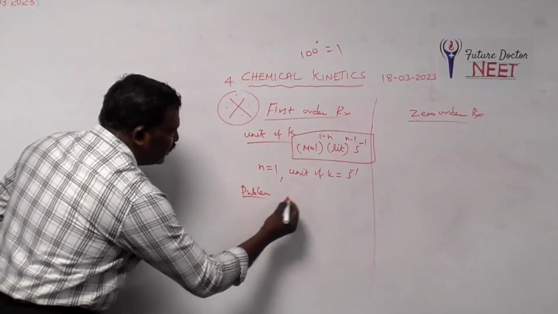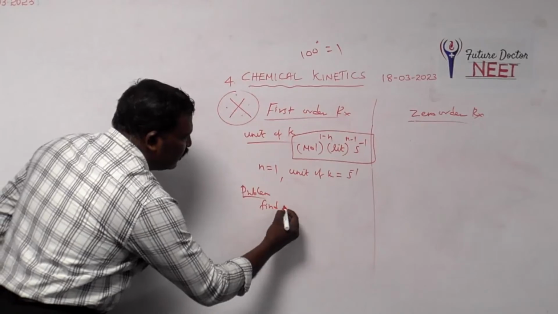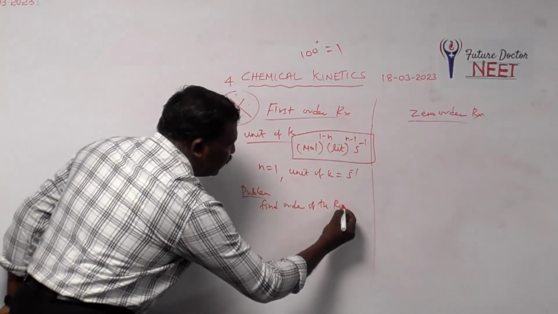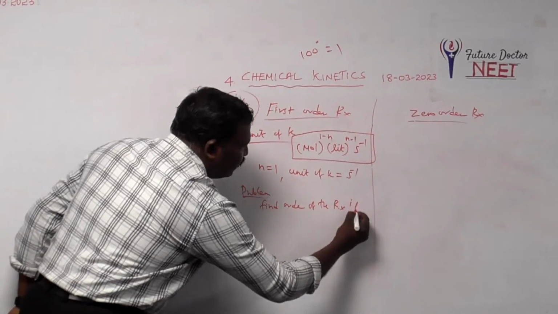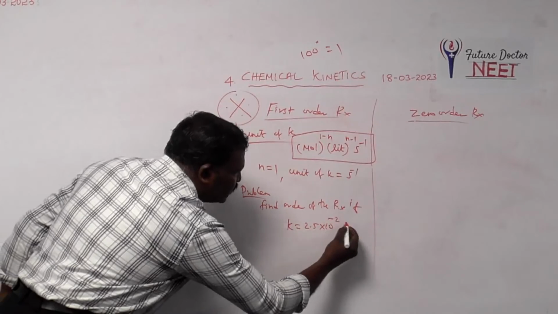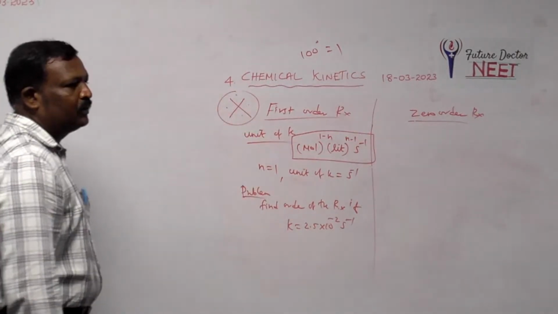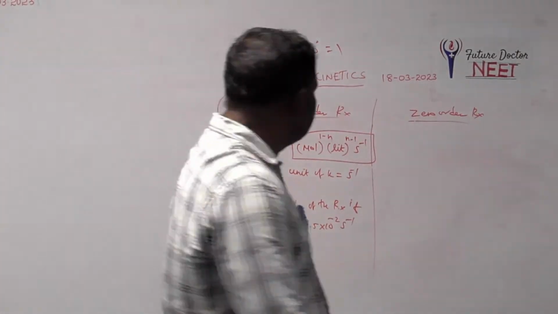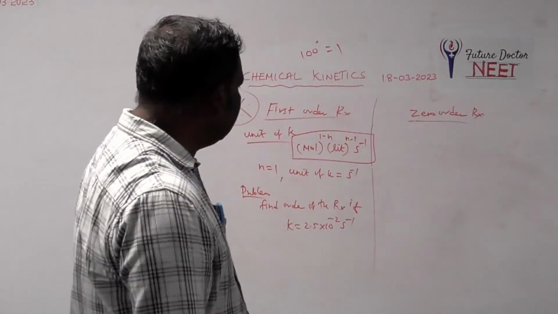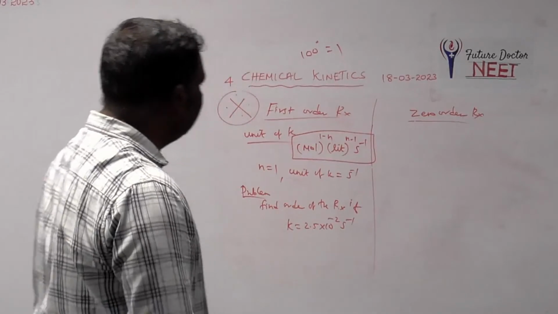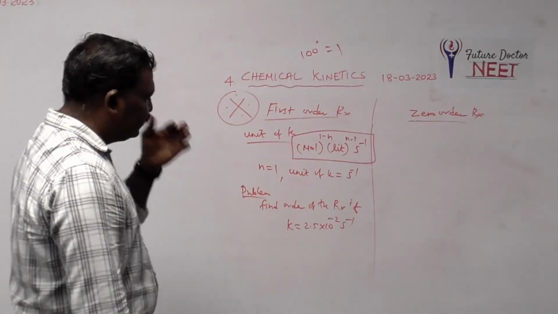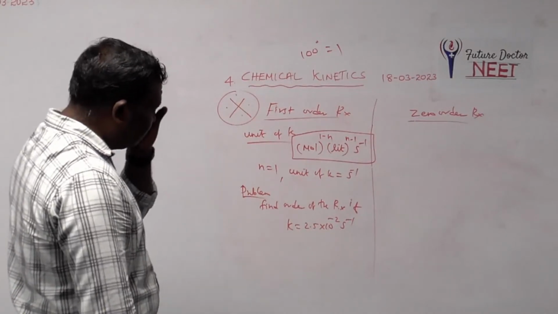Find order of the reaction if k is equal to 2.5 into 10 power minus 2 per second. What's the order?